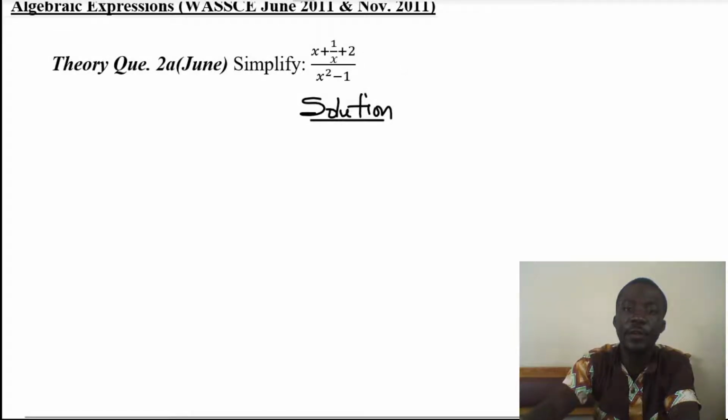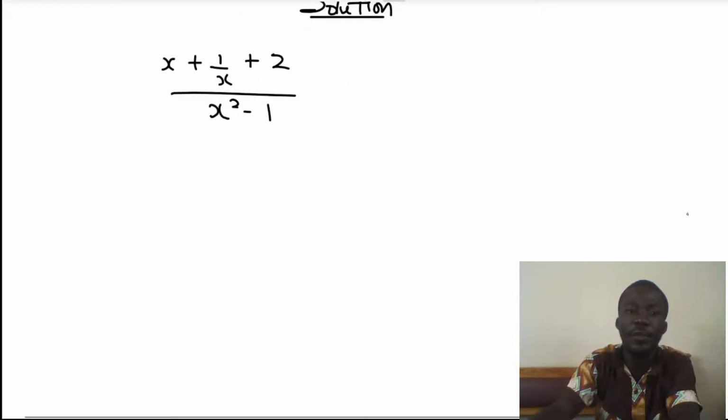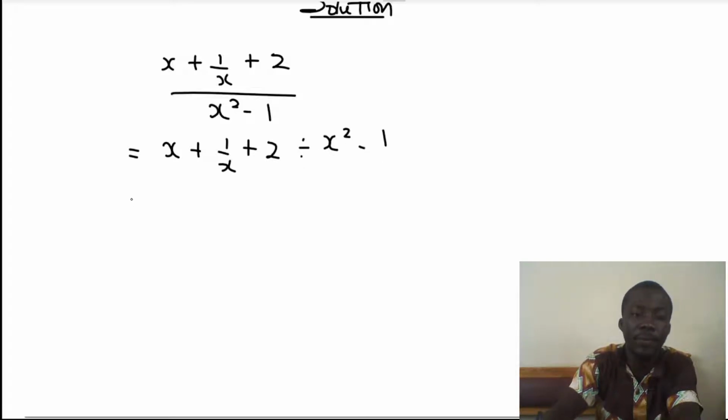In our theory question 2a June, we are to simplify x plus 1 over x plus 2 divided by x squared minus 1. That's our expression. We can rewrite this expression as x plus 1 over x plus 2 divided by x squared minus 1.